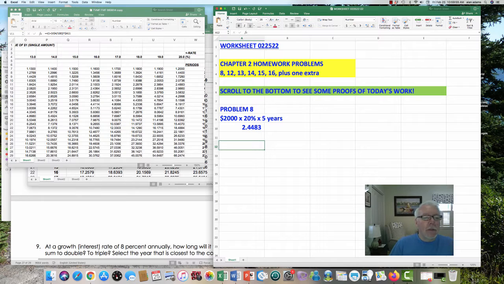All right, and then secondly, once we get to the end of that first 5-year period, now we have to say whatever value we have at that point, we don't know what it is yet. Don't use $2,000, that's gone, okay? We grew it from 2,000 to something at the end of 5 years.